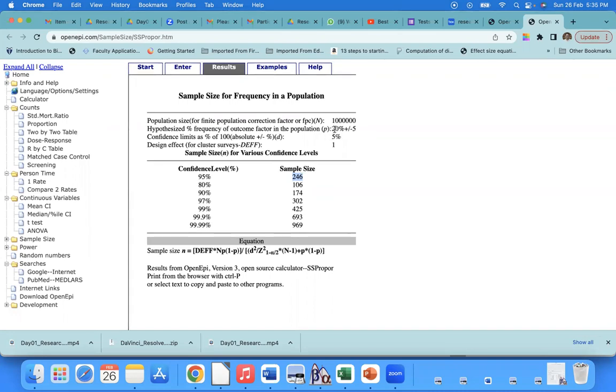Got that? Assuming that 20% of the population will have hypercholesterolemia, for a precision of 5% and a 95% confidence level, the minimum sample size was calculated as 246.